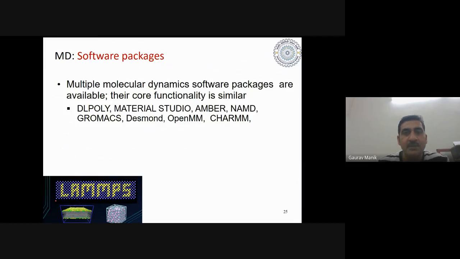Among this, the Material Studio software is available commercially. DL Poly, Gromacs, Amber, Charmm, and LAMMPS, most of these are available freely, open source. Only thing is the commercial softwares are there, which are Material Studio and others. So people have to purchase.